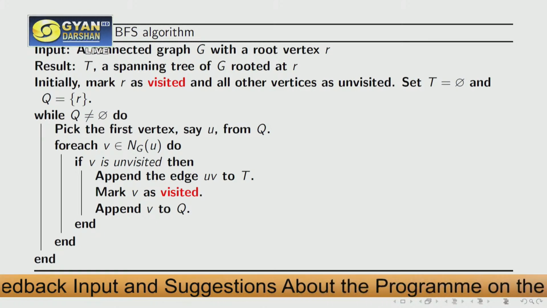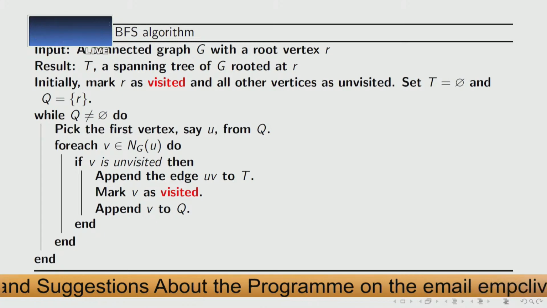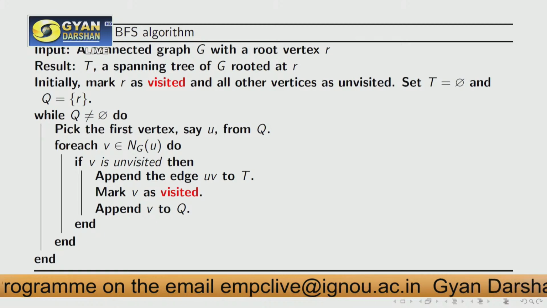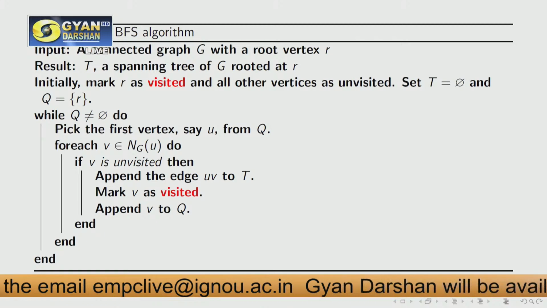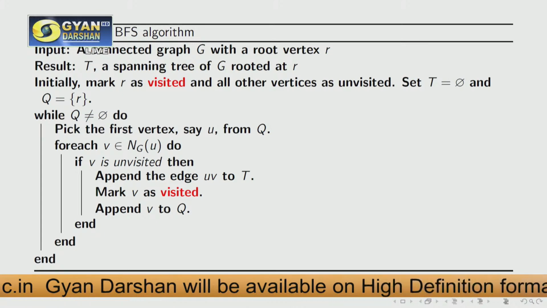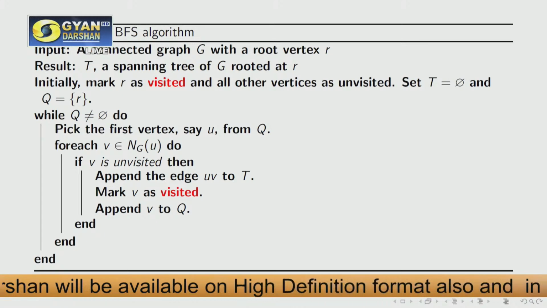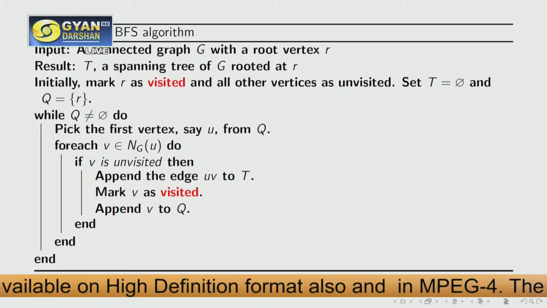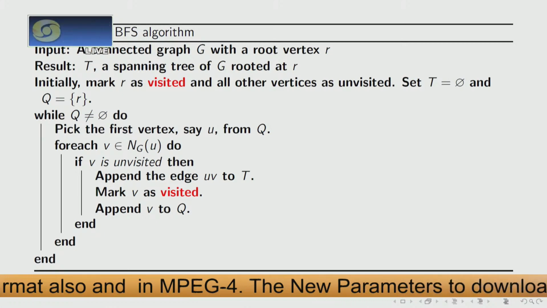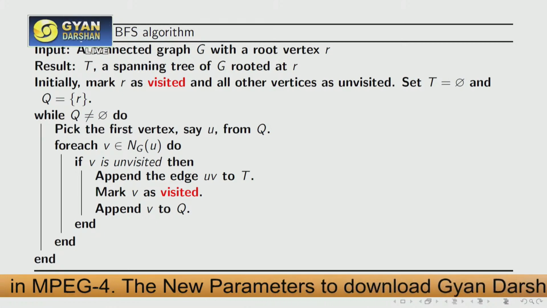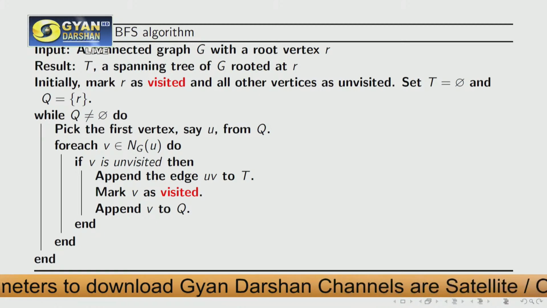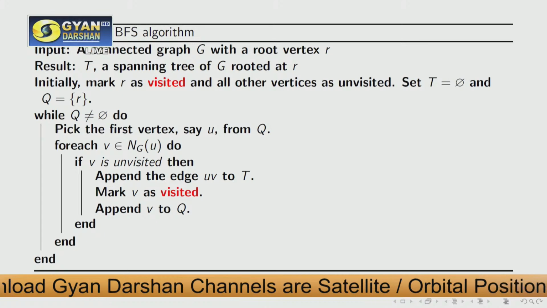In the initialization step, we do some initializations like marking all the vertices as unvisited, and setting the sets to some empty or initial values, right? The process starts in the main loop, and in the main loop, while the queue is non-empty, we perform certain steps. The first step is to pick a vertex u from the queue, and that vertex is the first vertex, right?